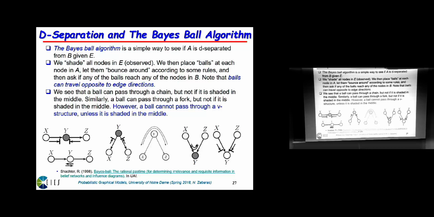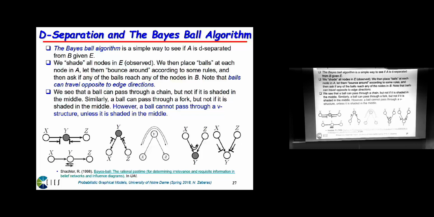If Y is not given, the ball can go through, you can go from X to Z. Here, if Y is given, this path from X, Y, Z is blocked, the ball comes back. So X and Z are independent given Y. I'm just giving you this because this is what we're going to use again. If Y is not given, then the ball can go from X to Z, no problem. And then this is the explaining away situation. X and Z, the path is blocked through Y if Y is not observed, that's very important. If it's observed, then you can go from X to Z.